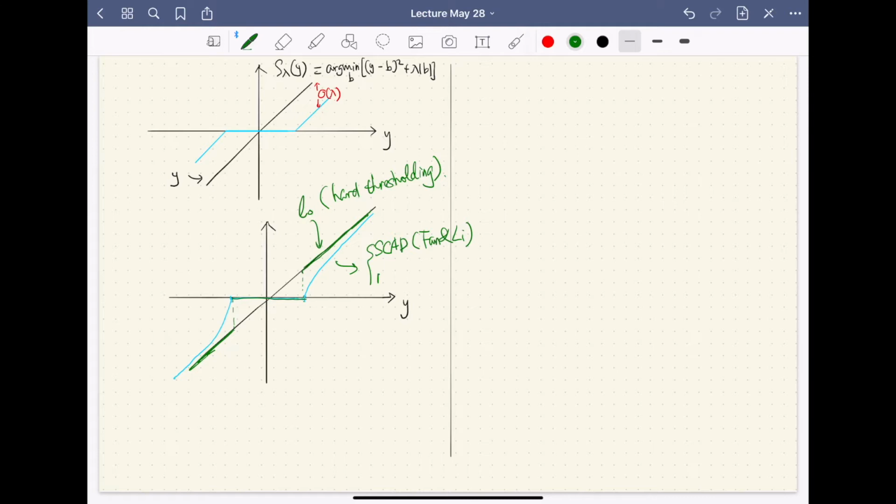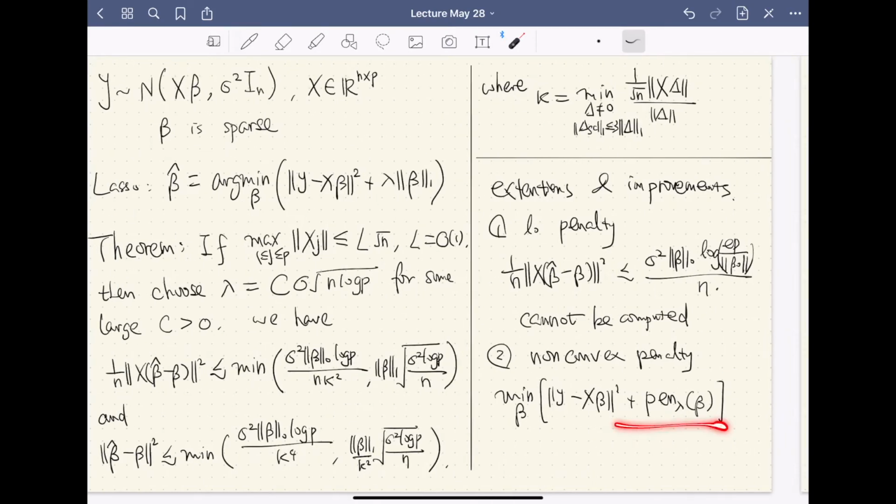And also the MCP penalty, proposed by Cun-Hui Zhang. I'm not going to write down the exact formulas for these two penalties, but in the homework you will be able to read the original papers which proposed them.